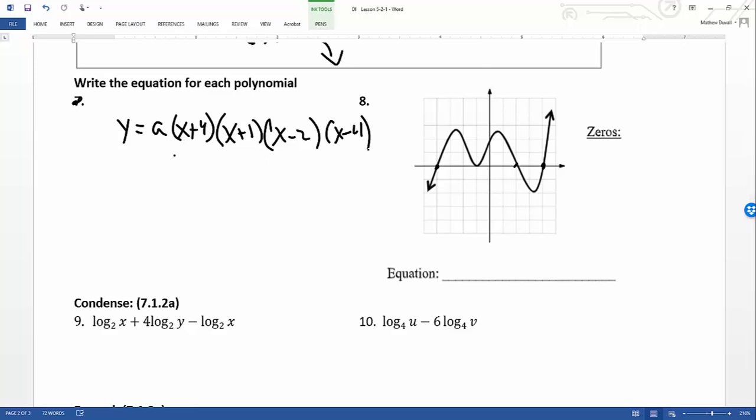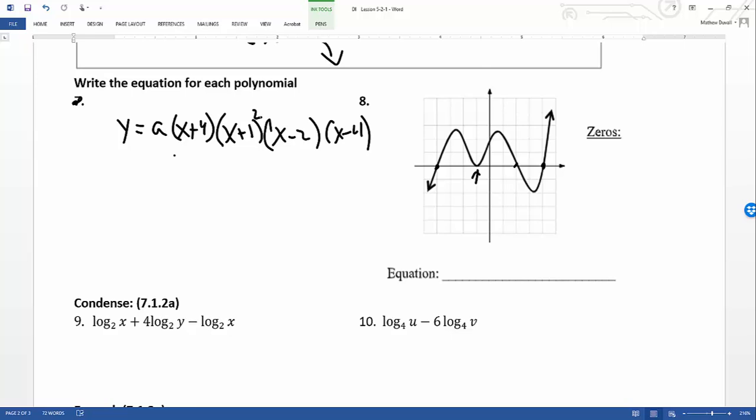Now it bounces here, so that's the only one with my even multiplicity. The rest of them, because it crosses through, we're going to leave them as odd multiplicity in the lowest form, so that's why it's 1.